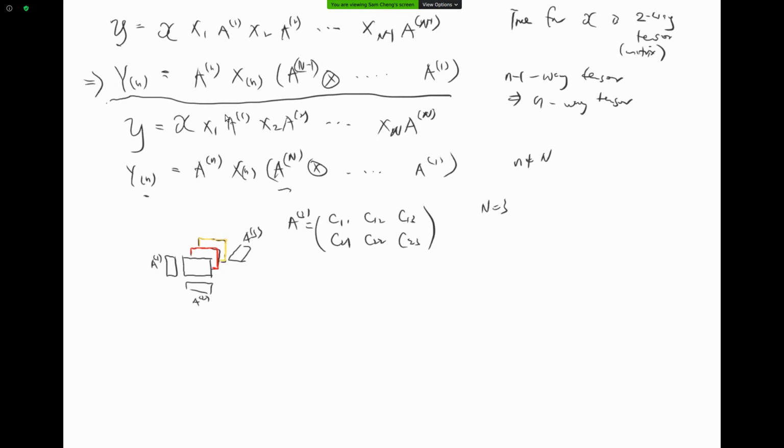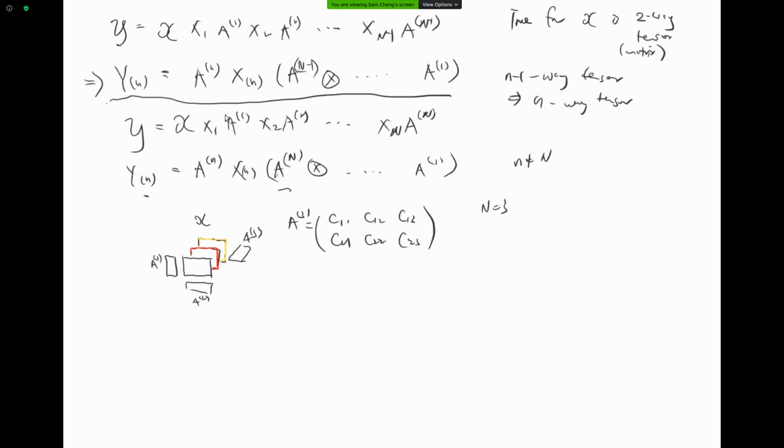So I assume the identity is true for n minus 1, for big N minus 1. Now, from this x in n dimensions, I can shrink it to n minus 1 dimensions simply by stacking along the last dimension, or the last order.